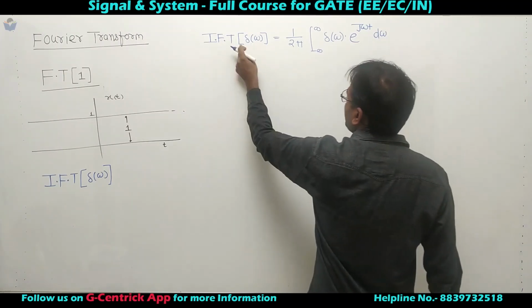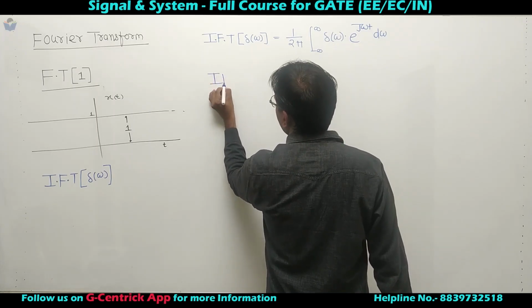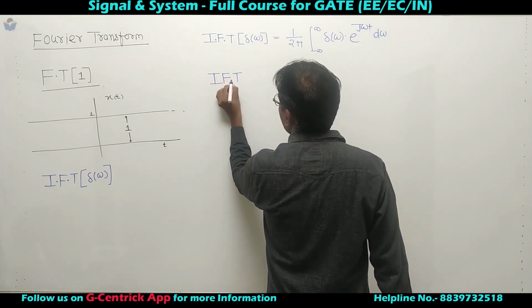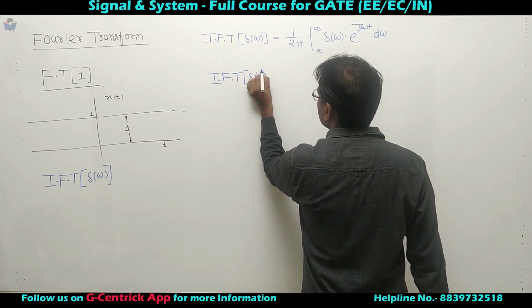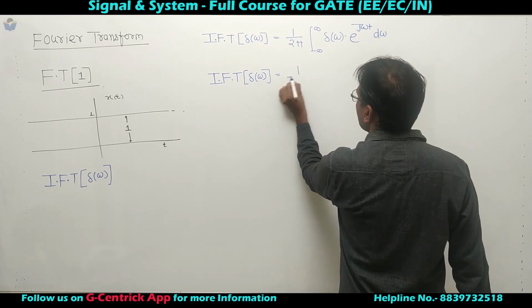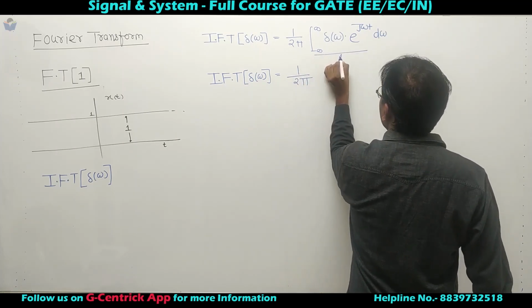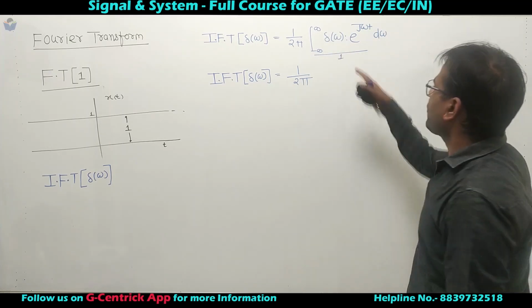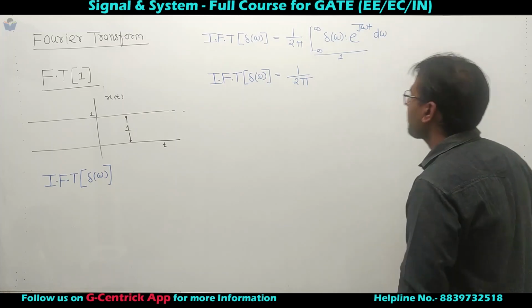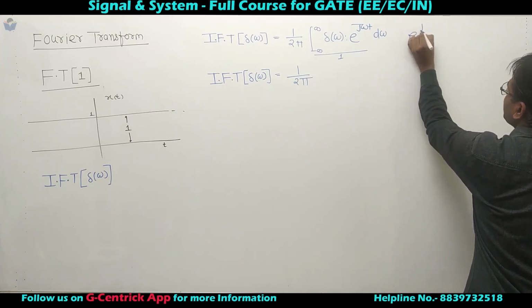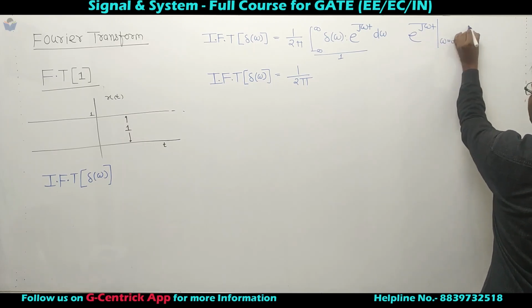So this is the inverse Fourier transform of δ(ω), and I can say it is 1 over 2π, because this integral is 1. The product of these two functions is only defined at ω equal to 0. If ω is 0, this expression will become 1. e to the power jωt at ω equal to 0 will become 1.